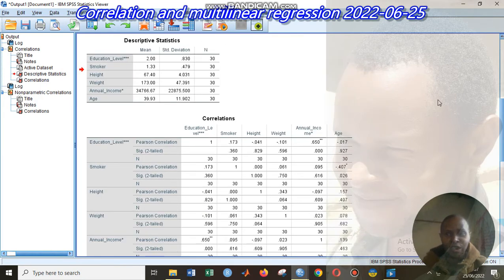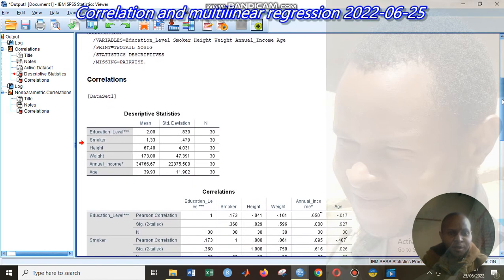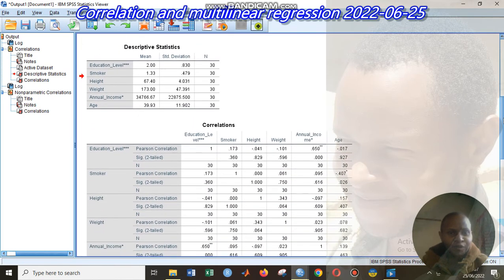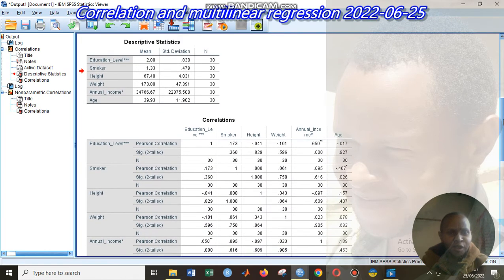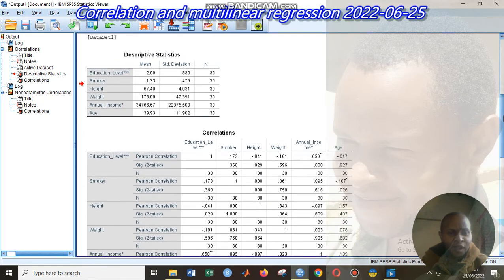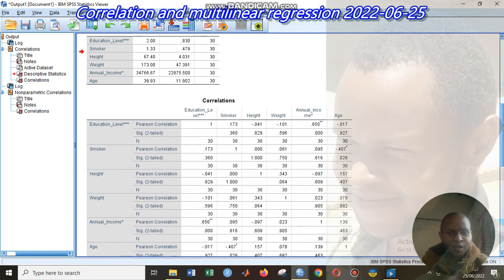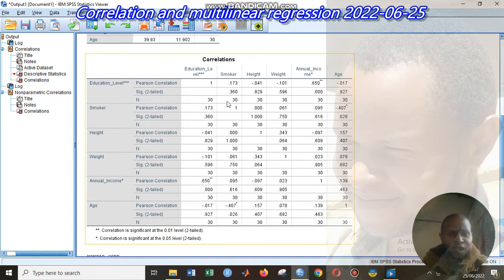As you can see here, we can see the descriptive statistics, the mean and standard deviation for all those variables. Then we can see the Pearson correlation between education and smoker, 0.173.